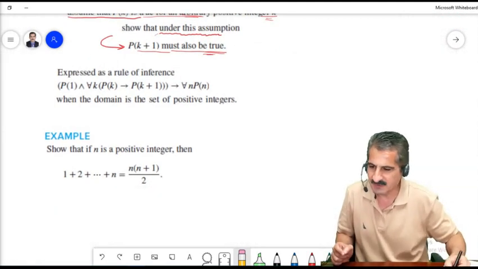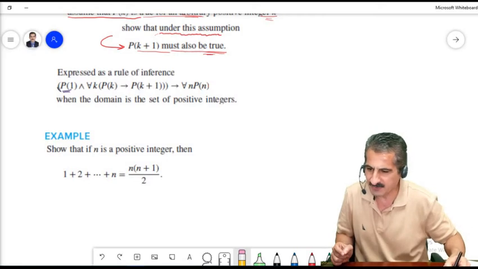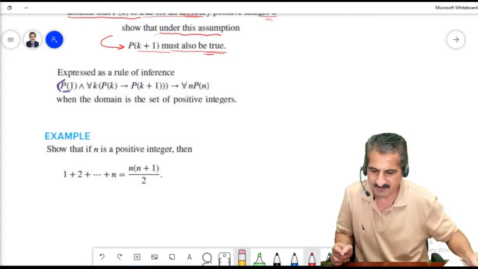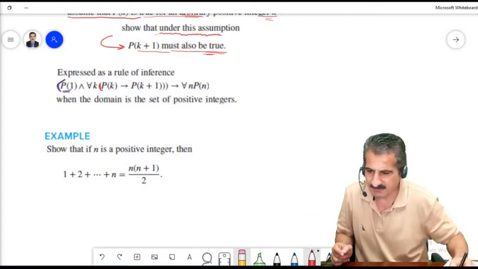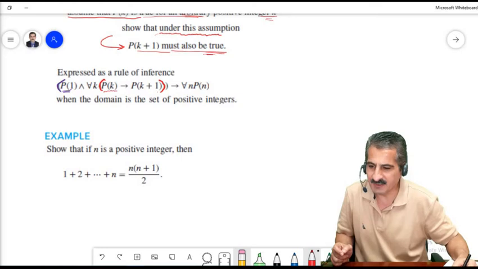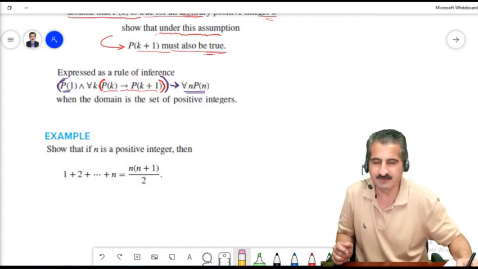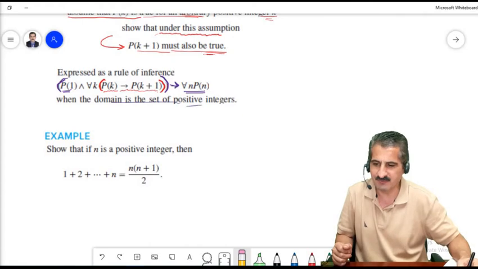It says: we have P(1) is true, and we have this assumption, for every k, if P(k) is true, then P(k+1) is true. If we have these two things, then we conclude P(n) is true for every n, and the domain is the set of positive integers.